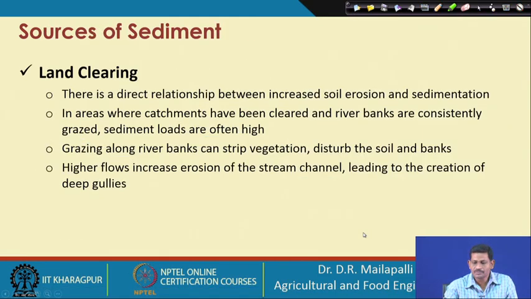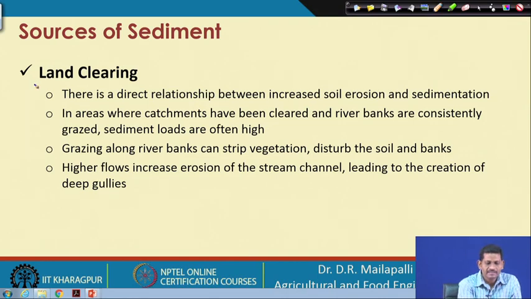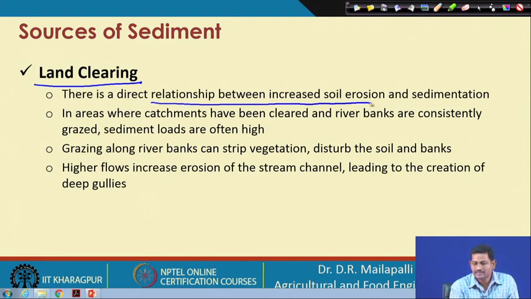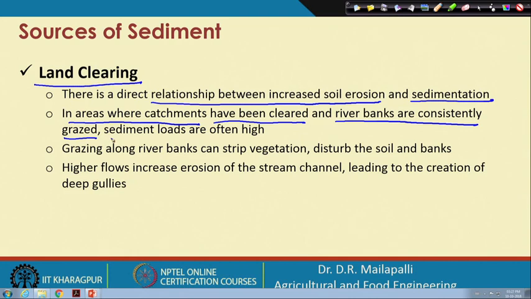Then, the sources of sediment. One is land clearing. There is a direct relationship between increased erosion and sedimentation. Once erosion increases, sedimentation will definitely increase. In areas where catchments have been cleared, sediments are deposited, and where river banks are consistently grazed, sediment loads are often high.